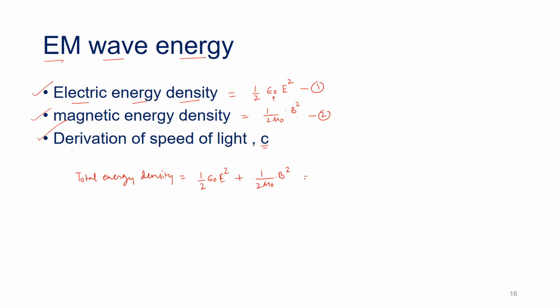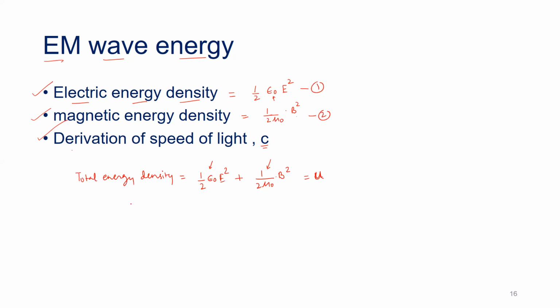And we will say that this is equal to U, which is the total energy density. So this says that the total energy density is the strength of the EM wave, electromagnetic wave, which is the composition of the energy density of the electric field and the energy density of the magnetic field. So that makes up the EM wave.